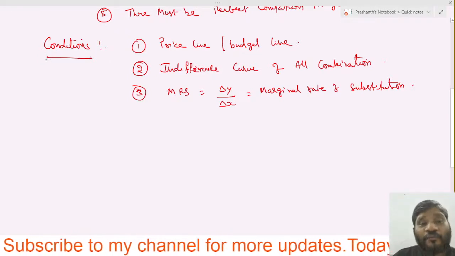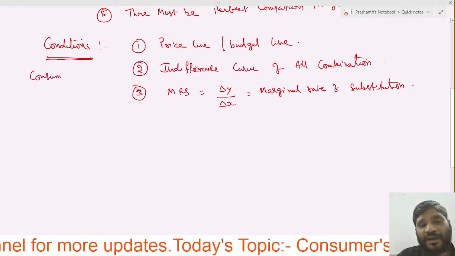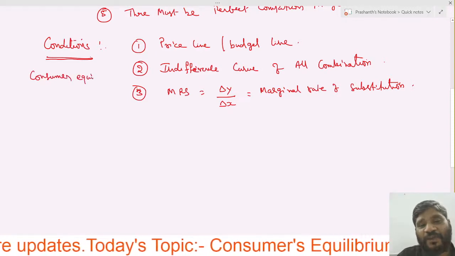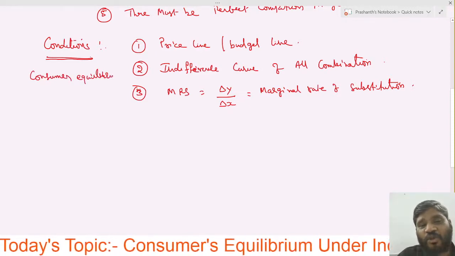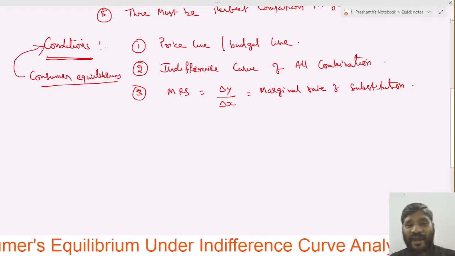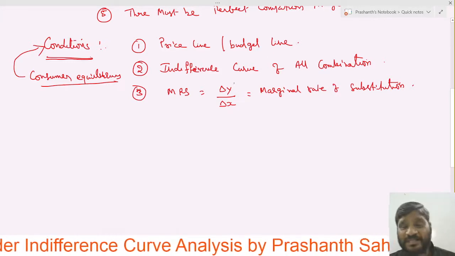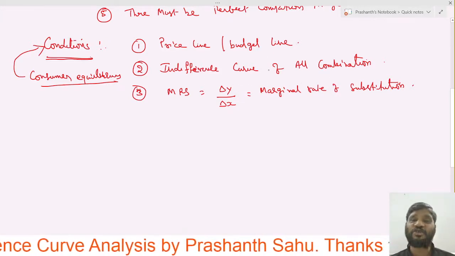So for the consumer equilibrium, or to determine the consumer equilibrium, we follow these conditions. Number 1, the price line and budget line should be there. Indifference curves of all combinations should be taken out.